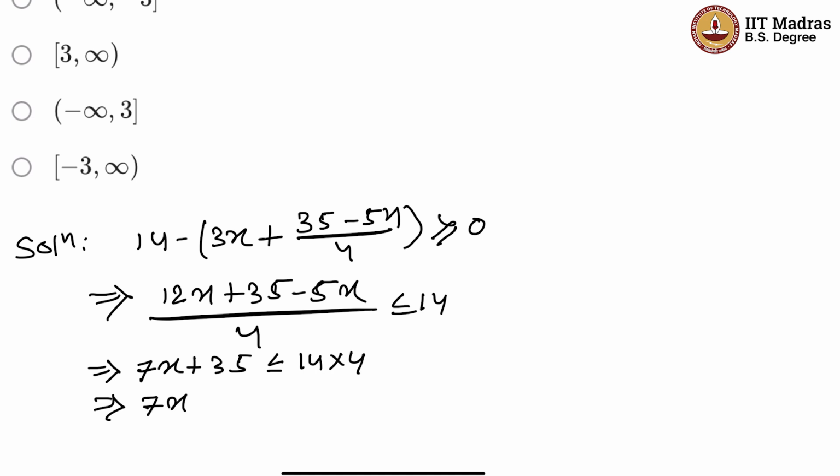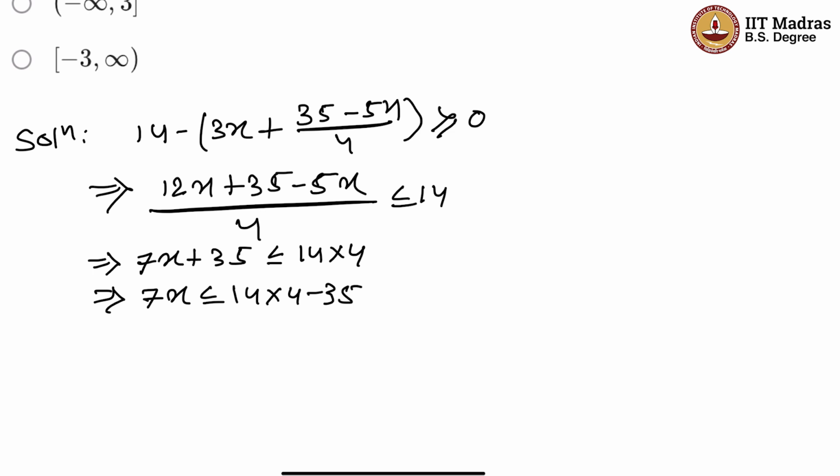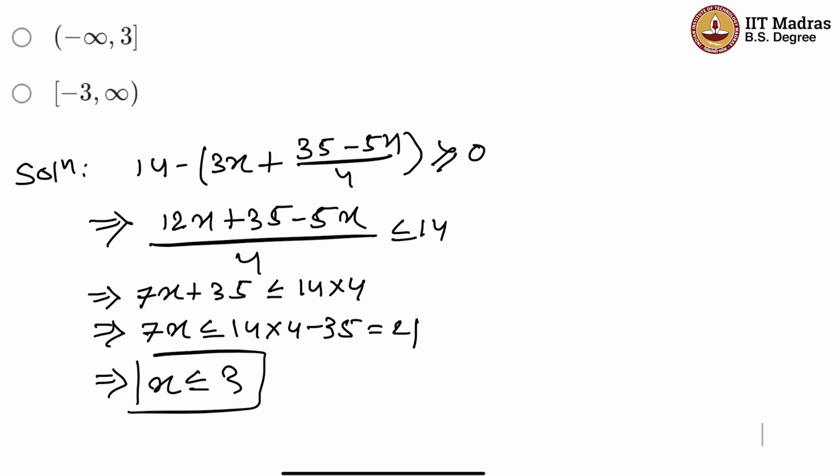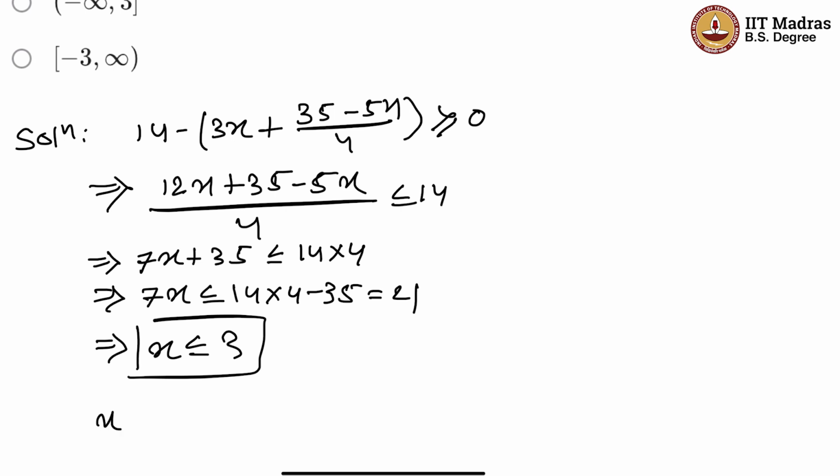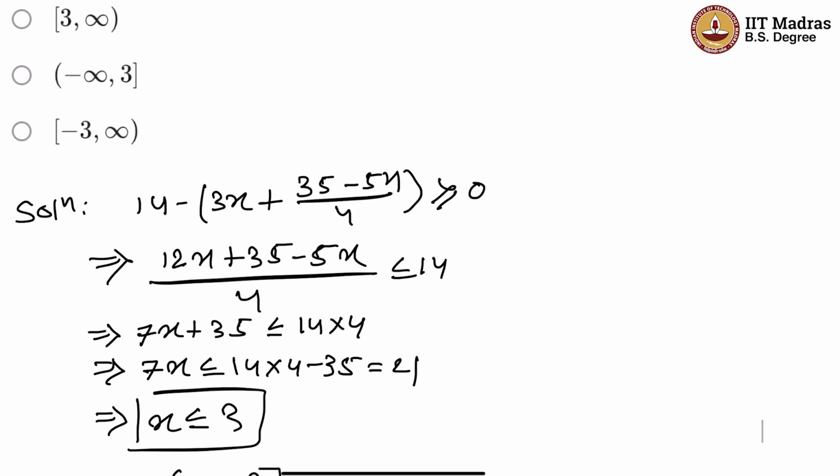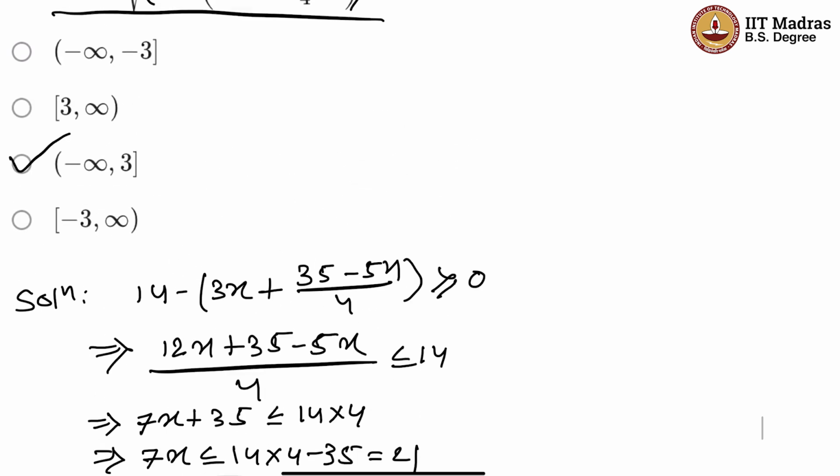That means 7x is less than or equal to 14 times 4 minus 35, which is 21. That means x is less than or equal to 3. So this is the domain for x. That means x will lie in the interval (-infinity, 3]. So our option 3 is correct. Thank you.